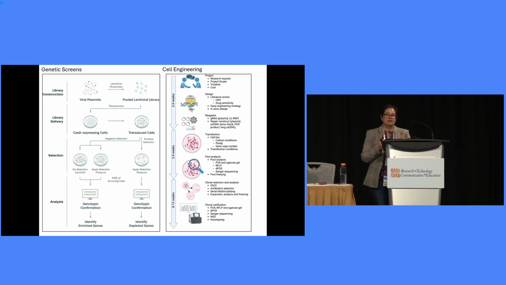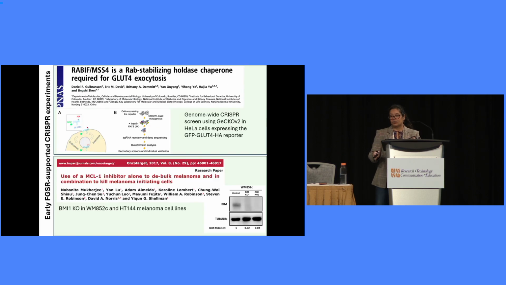But again, the real interest is in doing genetic screens, similar to what Ralph was talking about, and cell engineering. So unlike Guru, I mostly generate cell line models rather than animal models. So I can knock out genes in cells, whether they're stem cells or cancer cell lines, or tag them, knock in mutations. So those are the kind of experiments that my core does.